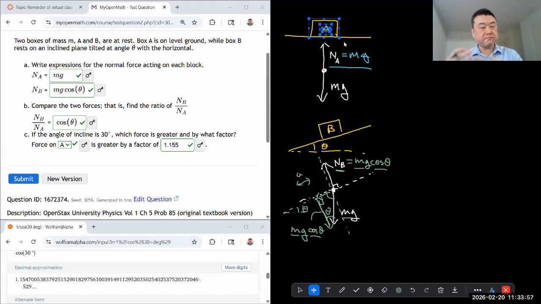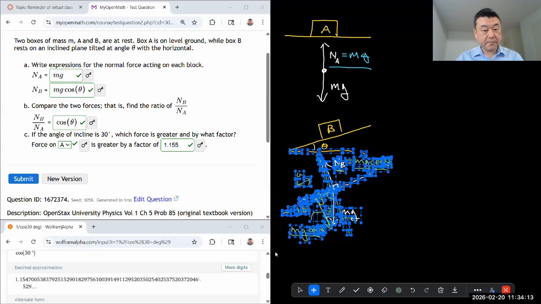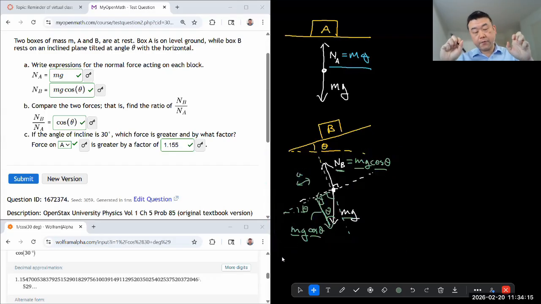Using that constraint, your job is to figure out the expression for normal force. The process for doing that is the standard strategy. Once you get used to it, you might be able to use an abbreviated version as I did here. But if you're looking for a formula for normal force, there isn't one. You have to do force analysis to figure out the correct expression for normal force in each scenario.